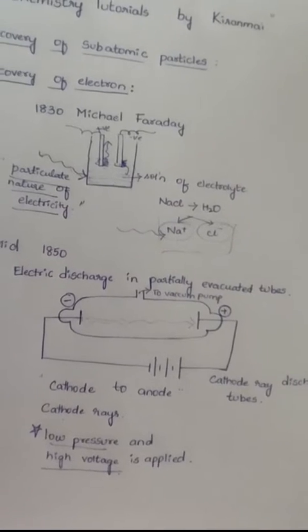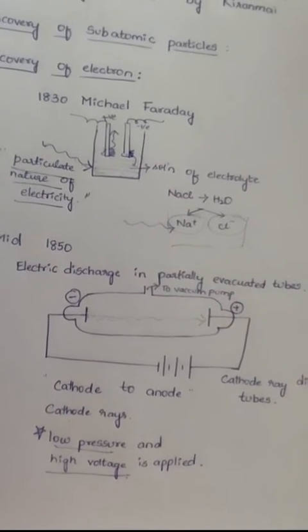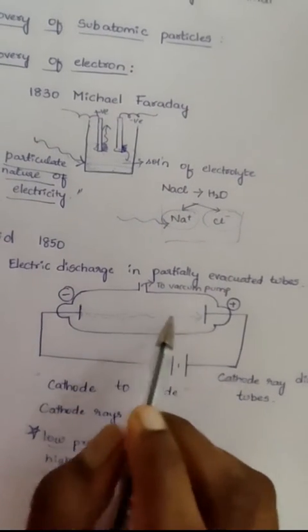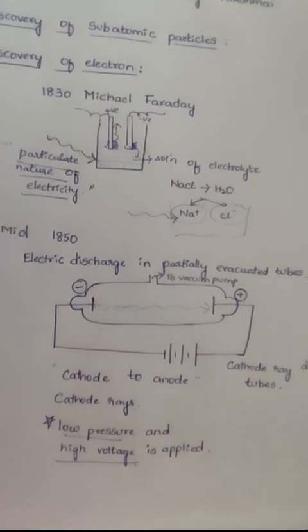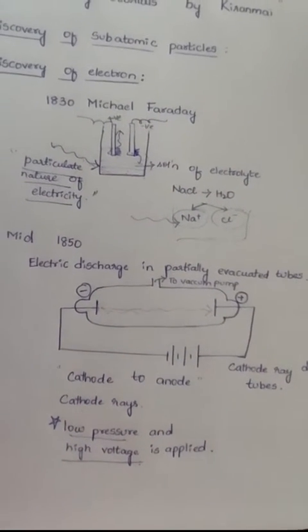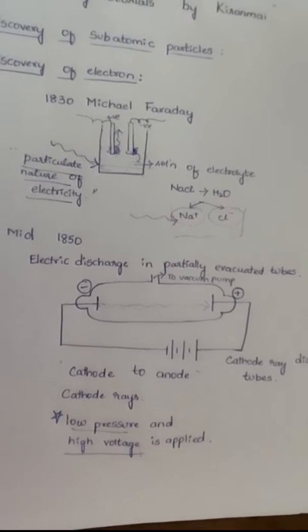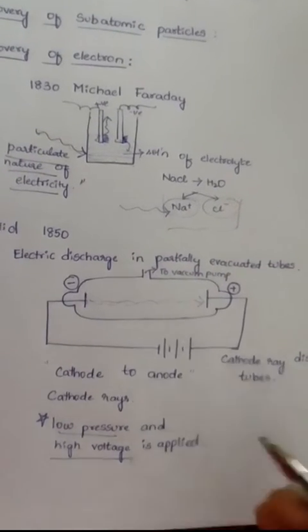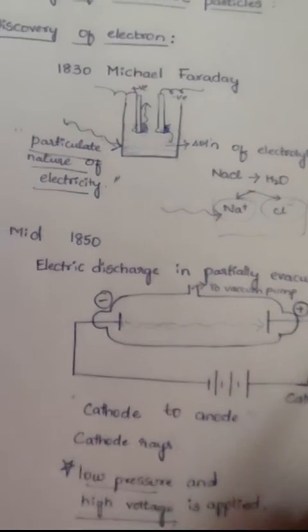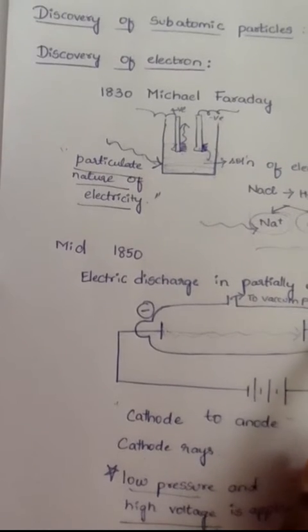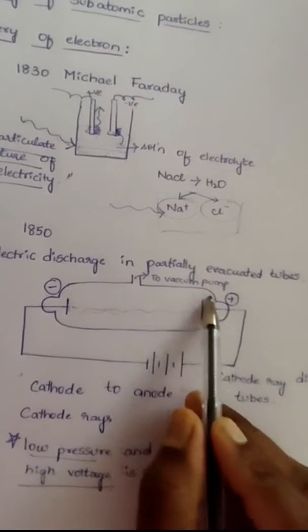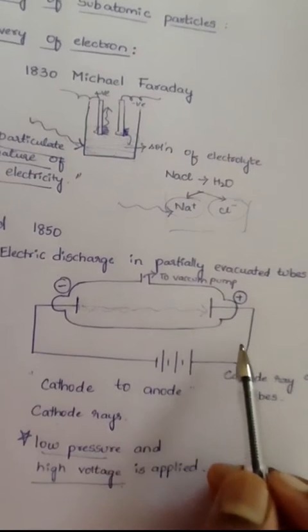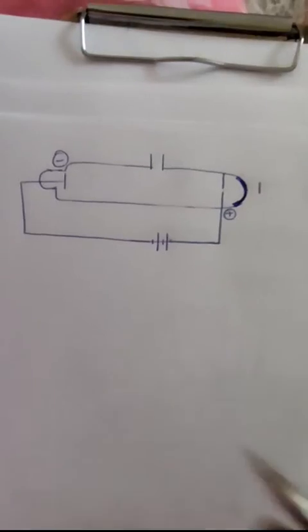The proof for this experiment is a problem, because we cannot see these cathode rays, and unless we see, we cannot confirm the emission. So scientists applied a fluorescent or phosphorescent coating to observe them.